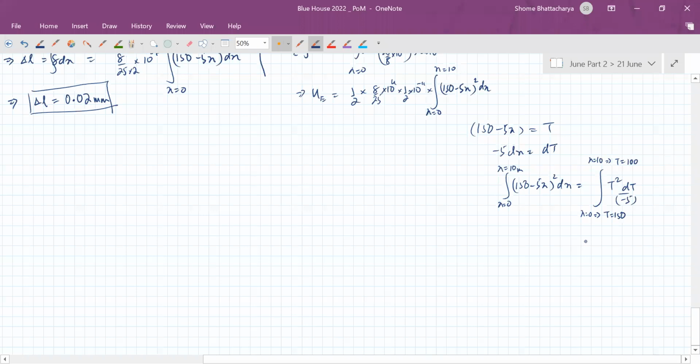This integration is equal to minus 1 by 5 t square dt from t equal to 150 to t equal to 100. So that is minus 1 by 5 into (100 cube minus 150 cube) divided by 3. That's 1 by 5 into (15 cube minus 10 cube) divided by 3 into 10 raised power 3.